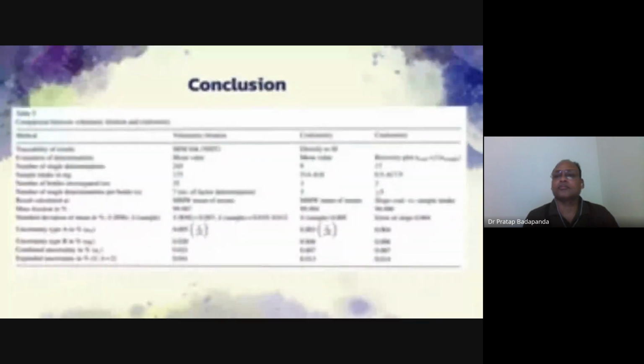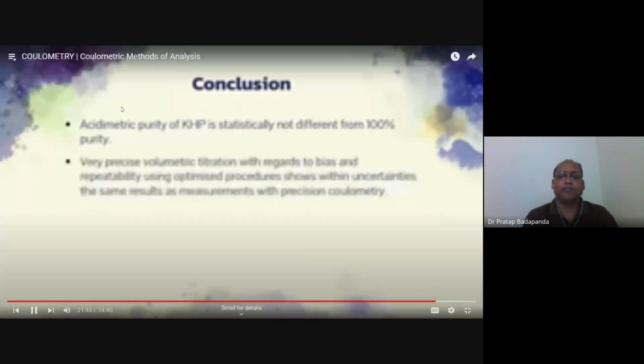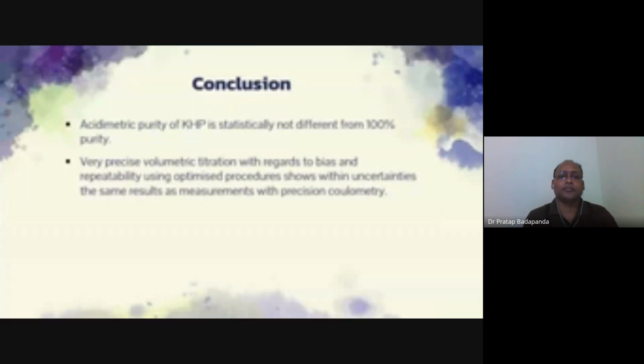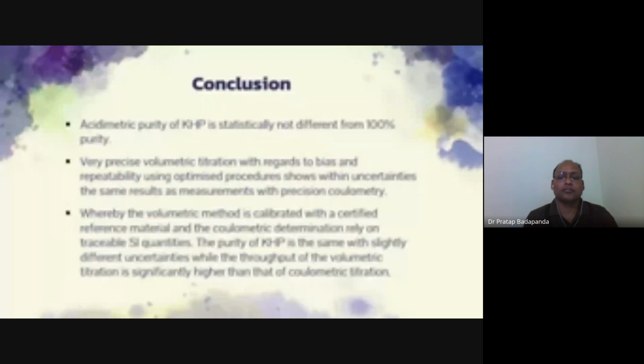In conclusion, acidimetric purity of KHP is statistically not different from 100% purity. Very precise volumetric titration, with regards to bias and repeatability, using optimized procedures shows within uncertainties the same results as measurements with precision coulometry, whereby the volumetric method is calibrated with a certified reference material, and the coulometric determination relies on traceable SI quantities.